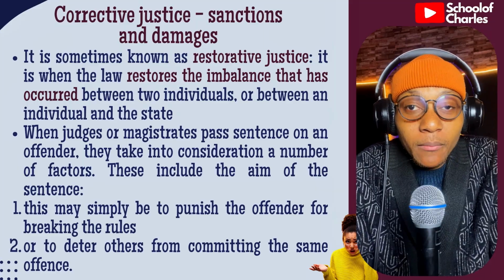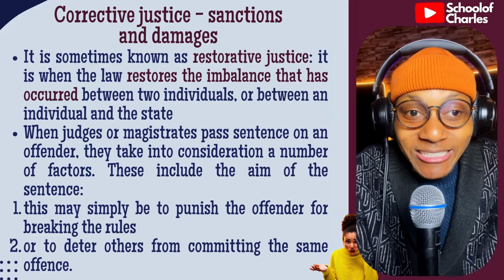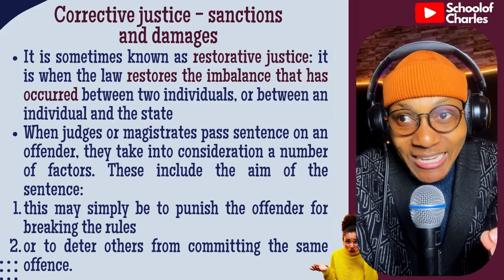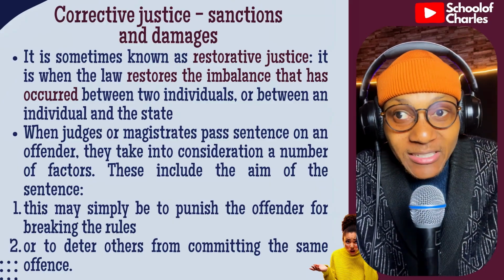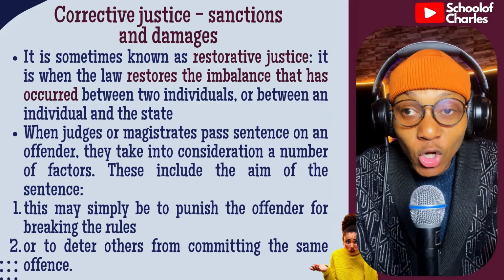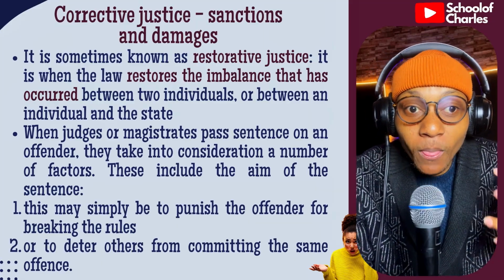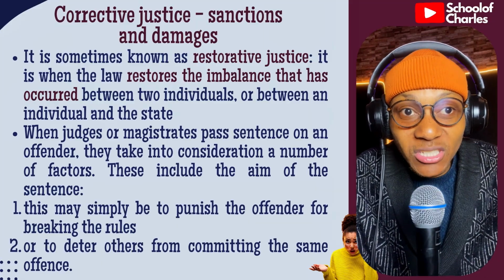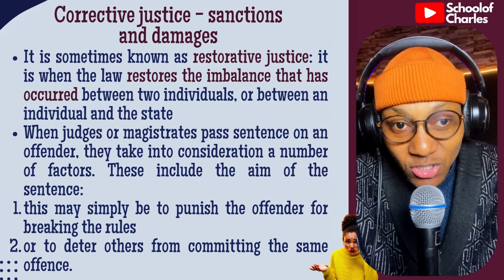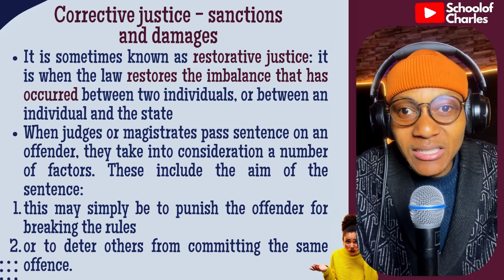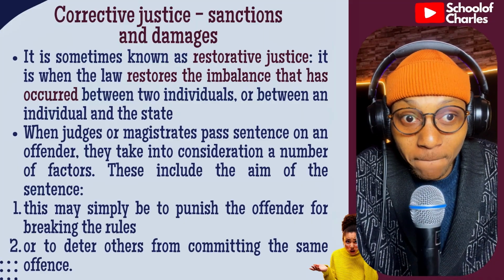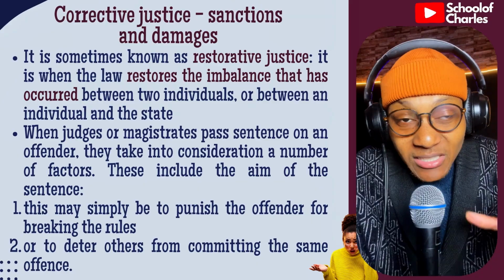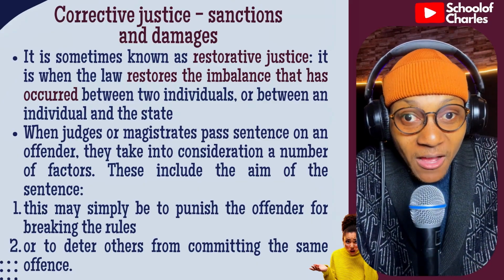Okay, so let's look at something. When judges or magistrates pass a sentence on an offender, they take into consideration a number of factors. So this includes the aim of the sentence. What are we trying to achieve by giving this sentence to this person? Number one, this may simply be to punish the offender for breaking the rules.